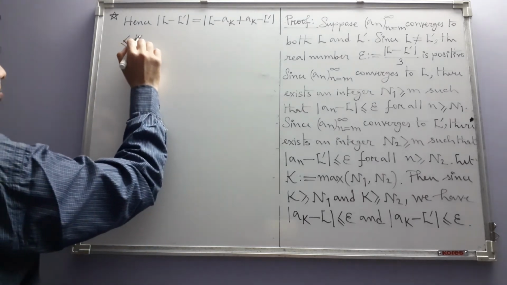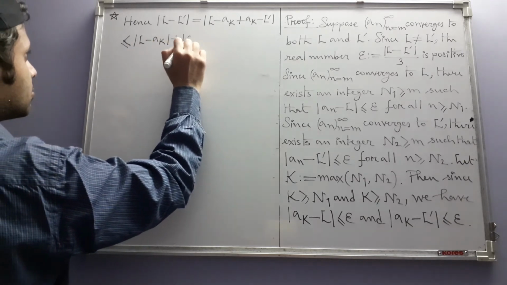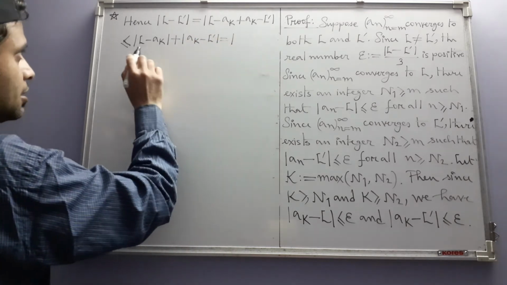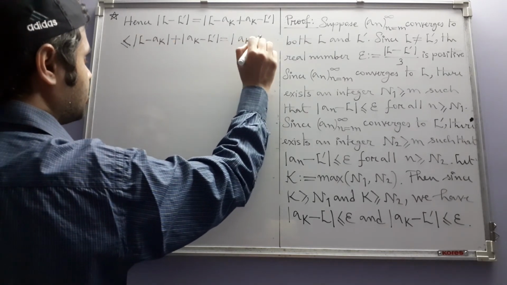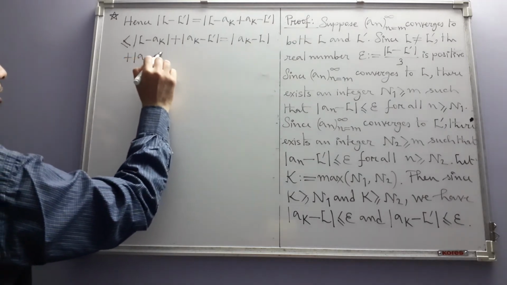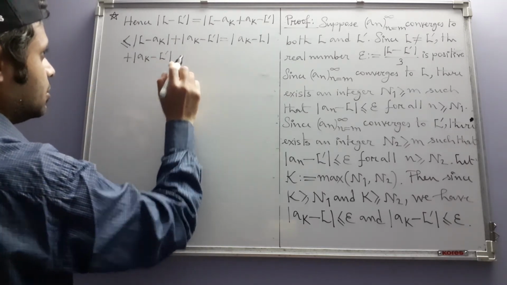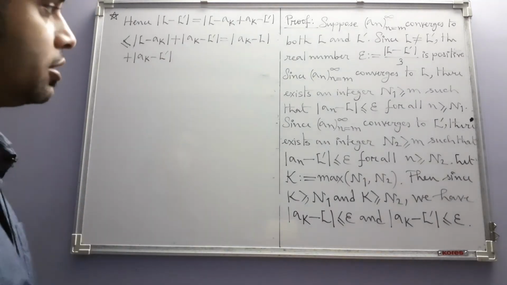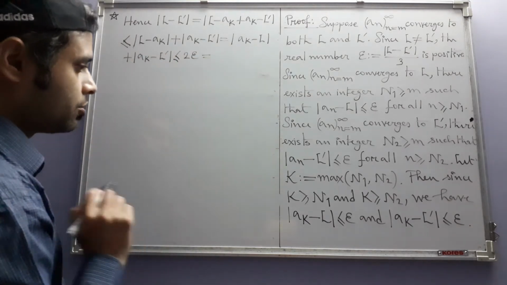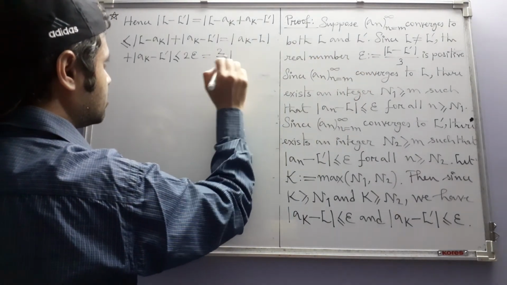This is less than or equal to absolute value of L minus a_k plus a_k minus L prime. Since we have absolute value, we can write a_k minus L in place of L minus a_k, plus a_k minus L prime. Okay, and now both of them are less than or equal to epsilon, so their sum is less than or equal to 2 epsilon. Now put the actual expression for epsilon. We get this.